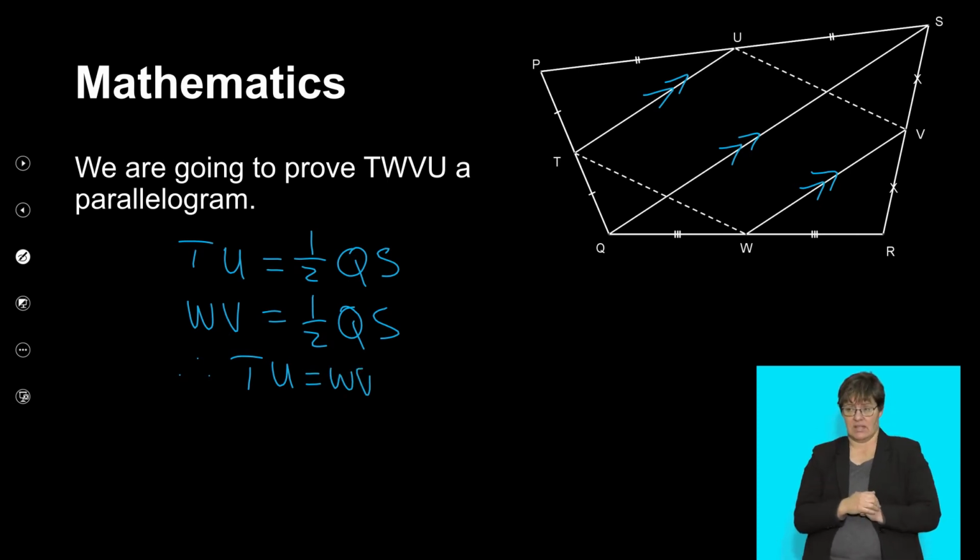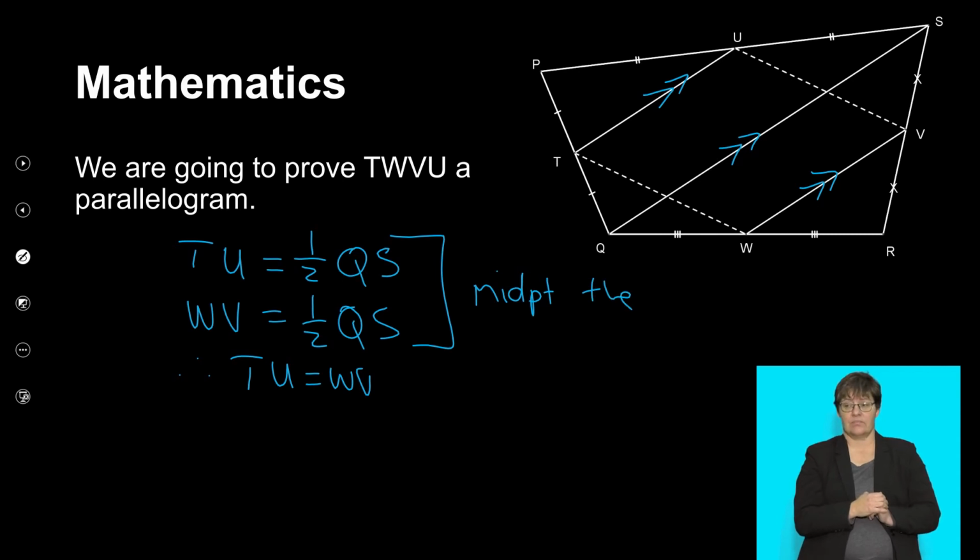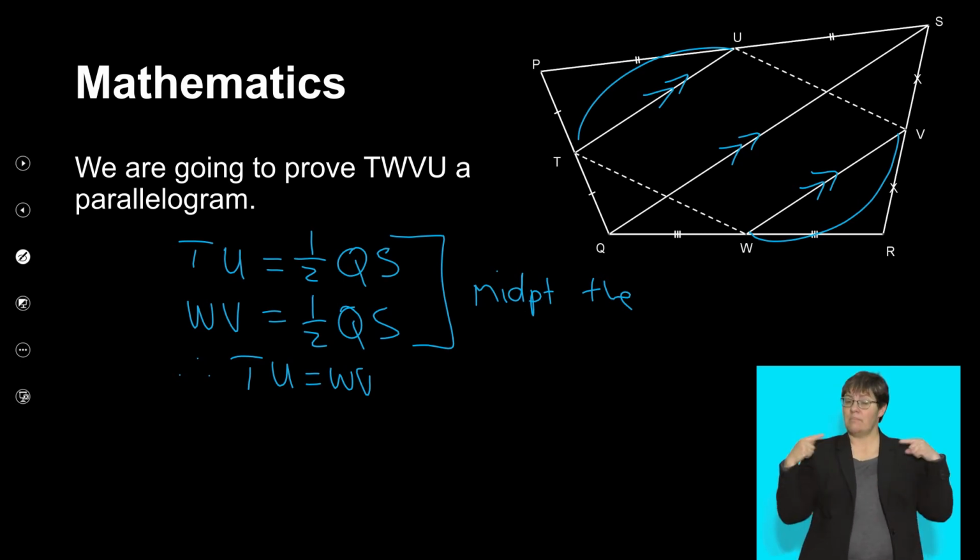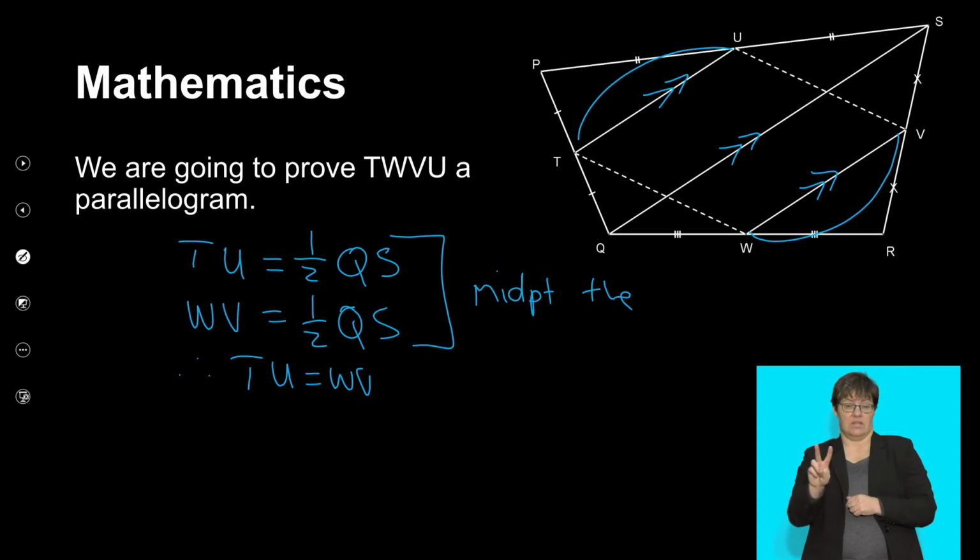And my reasons for both of these will just be midpoint theorem. Now I've proven that TU is equal to WV. What I need to prove now is that TU is parallel to WV. Then I will be done.